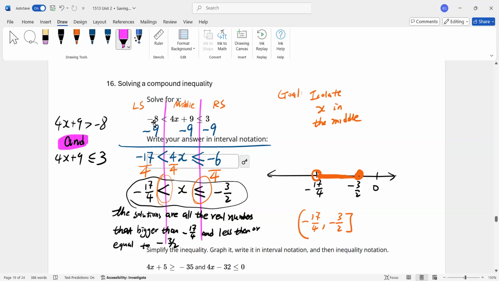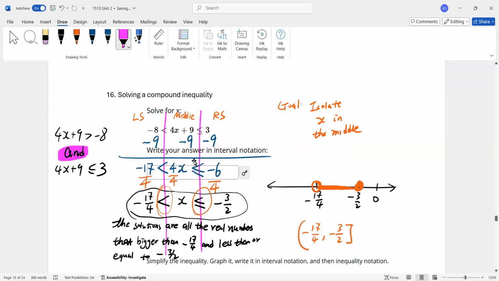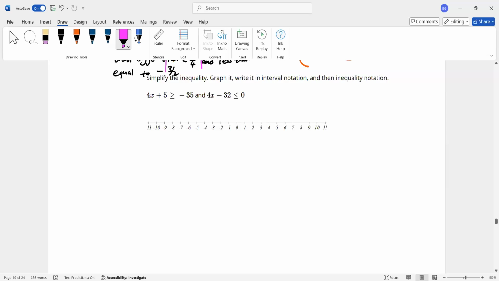That's the reason we can combine them together like this, have 3 parts. But the next one, we also have and, but we cannot combine them together like this one. We would have to solve them separately.